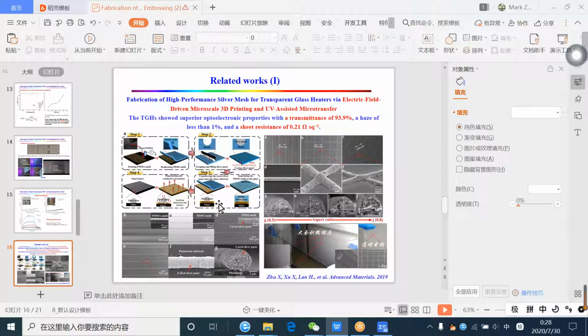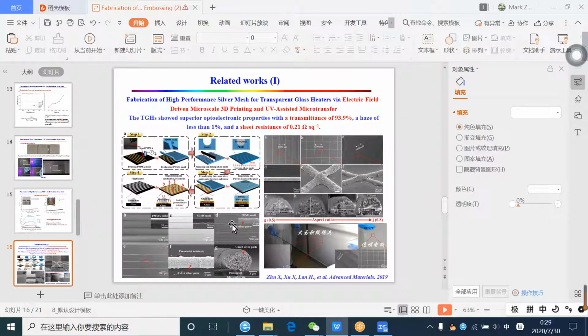The transparent glass heaters show super photoelectric properties with a transmittance of 93.9%, a haze of less than 1%, and a sheet resistance of 0.2.